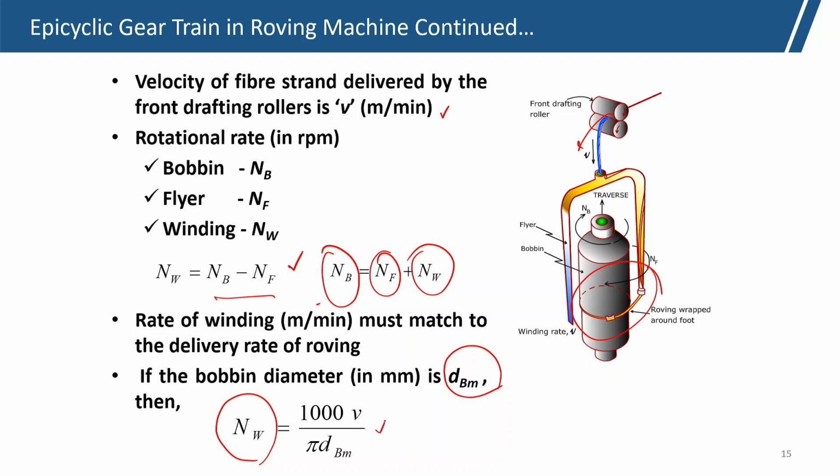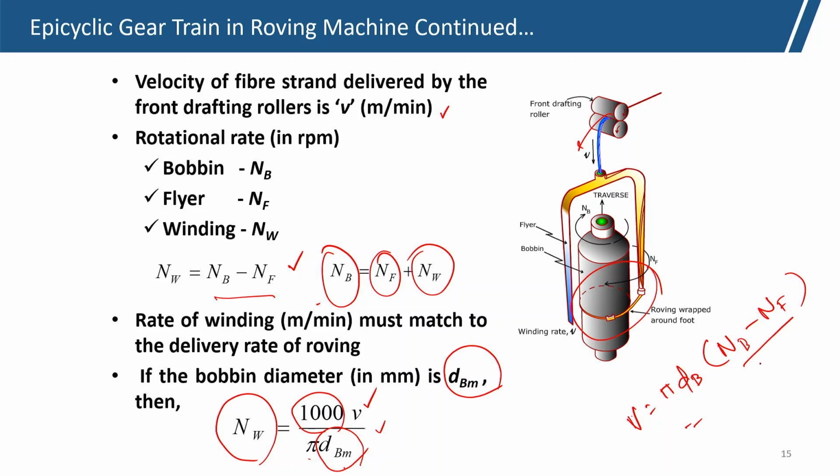NB minus NF equals 1000 V, where V is in meters per minute, and pi dBm, where dBm is in millimeters, so here it comes to meters. We have already seen the relationship V equals pi dB times NB minus NF.